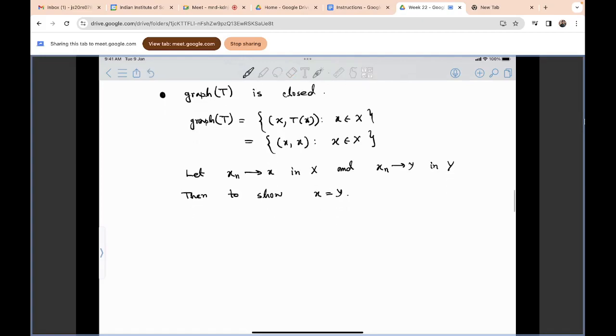And xn converges to x in X implies xn converges to x in the L1 norm.